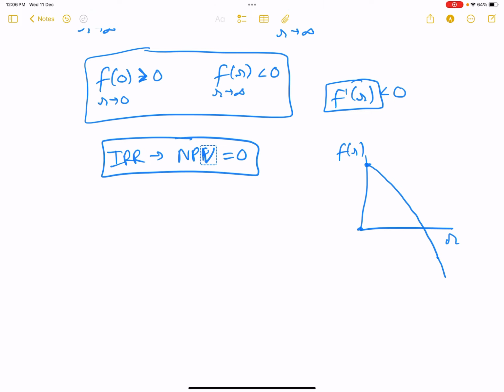Since it is negative as r approaches infinity, it would be somewhere here. So there must exist an interest rate, which would be the internal rate of return, so that f of 0 greater than 0 is satisfied, f of r less than 0 is satisfied, and we can also see that f dash r is falling in this case. Okay, thank you.